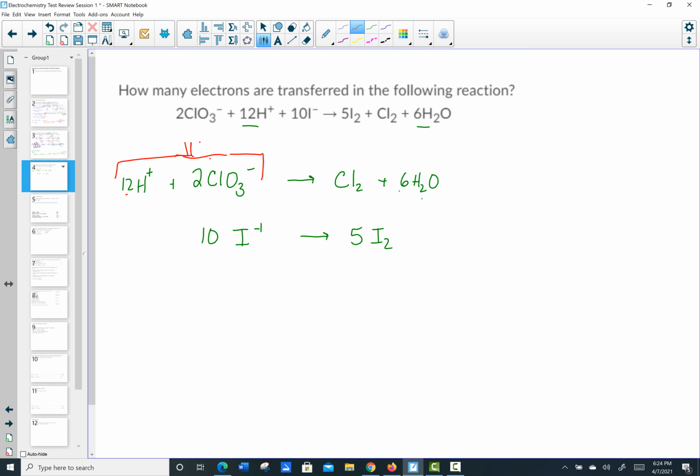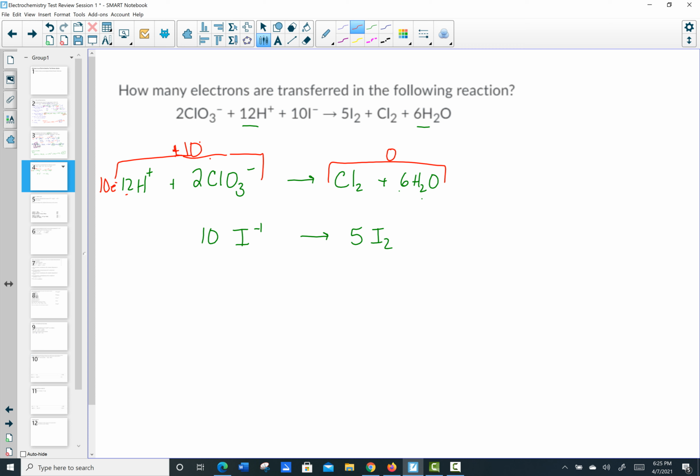There we go. It's at a plus 10 overall. And on this side, it's at a 0 overall. 12 protons and 2 negative ions gives me a plus 10. So to the more positive side, I know that I would need to add 10 electrons.